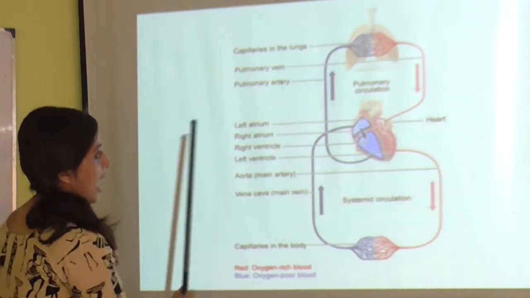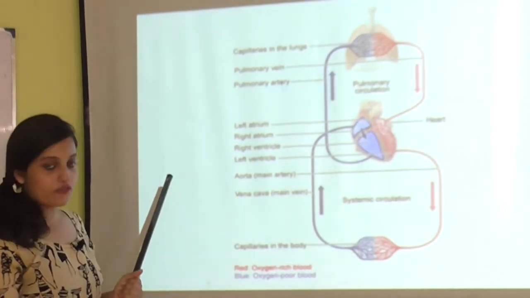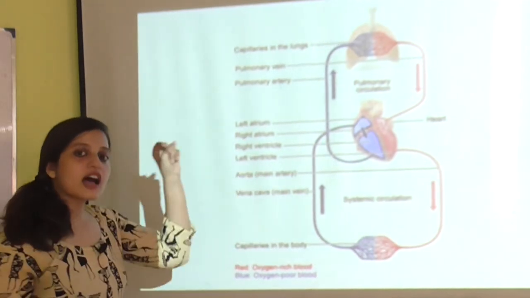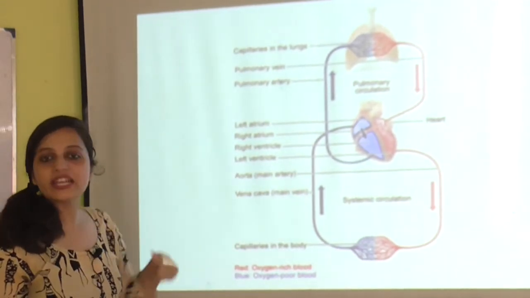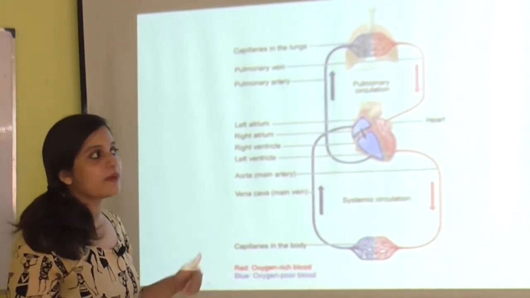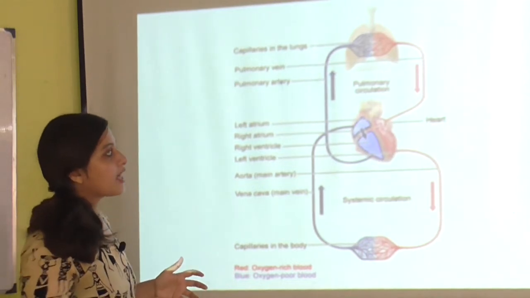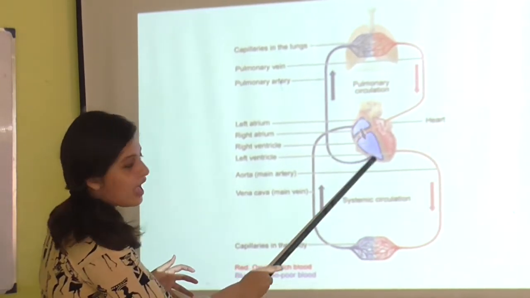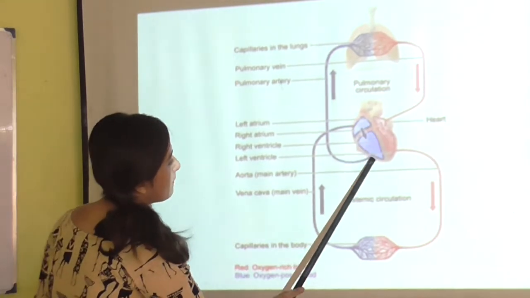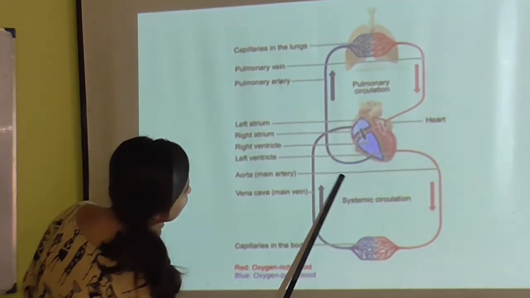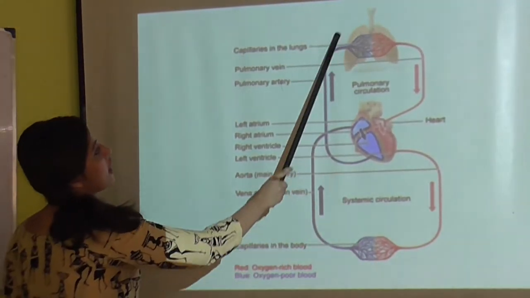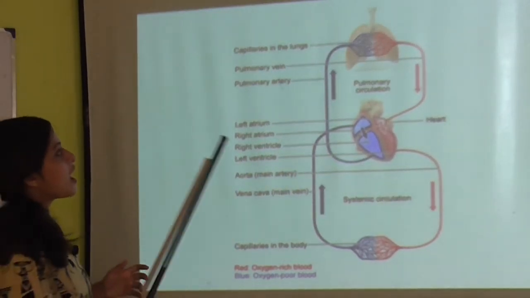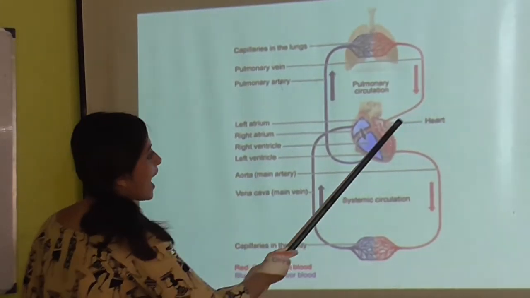See, as you have earlier studied, blood is coming from the vena cavas, superior or inferior. After coming from the vena cavas, what happens? They are going to the atrium, to the ventricle, and from the ventricle it is going to the lungs for filtration, and from the lungs it is returning back to the heart.